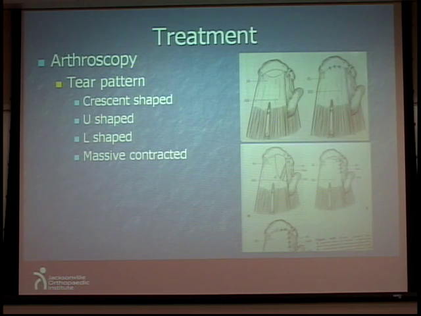After you assess the entire shoulder, it's time to look at the rotator cuff tear itself. If it's a full thickness tear, these are classified as crescent shaped, which is, of course, the shape of this crescent over here, which is easy to reapproximate right back to its insertion. U-shaped, which would be a condition like that, where it's essentially an extended crescent, where it's too difficult to bring it right back to its insertion point because it's retracted.